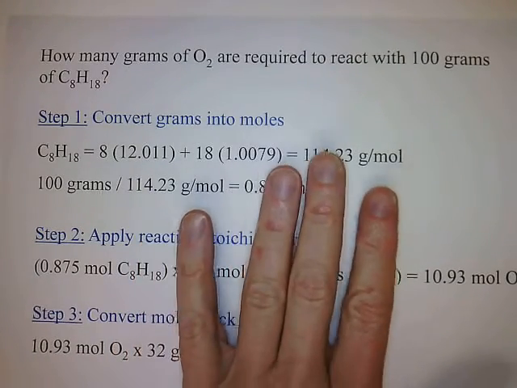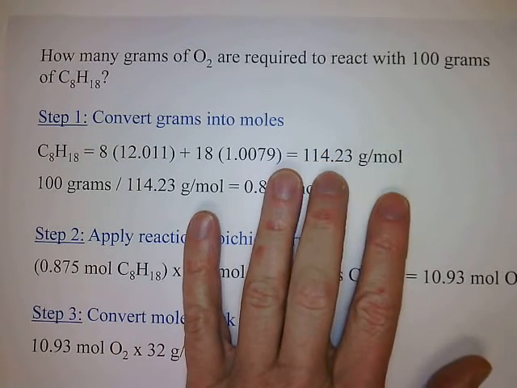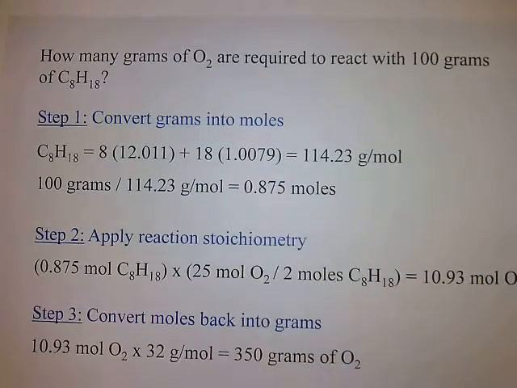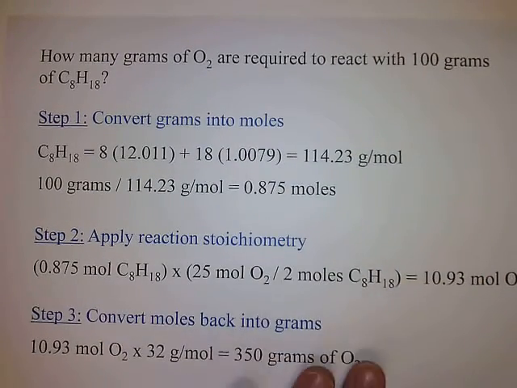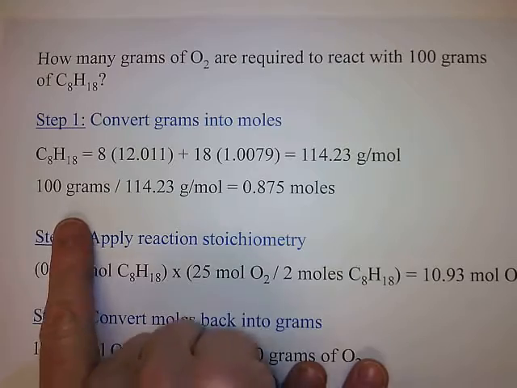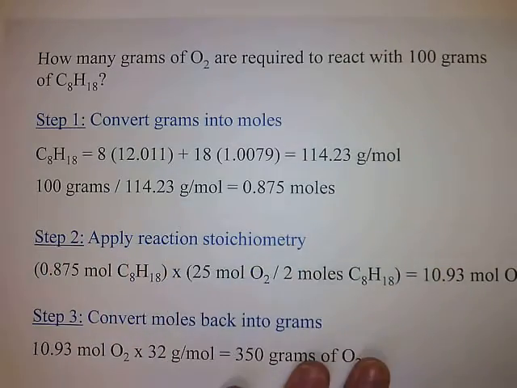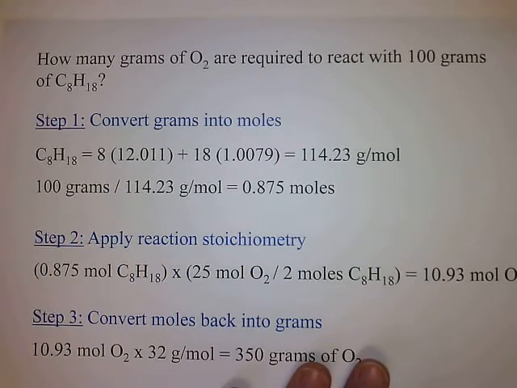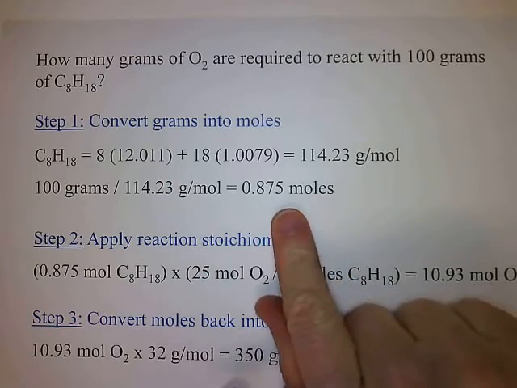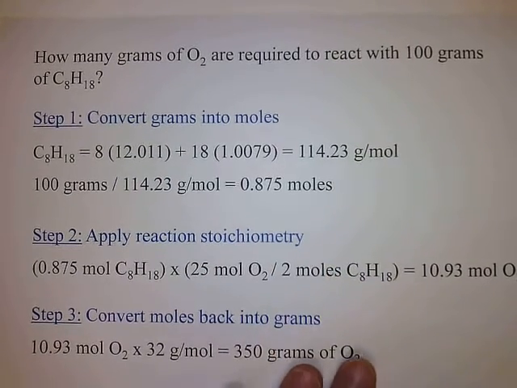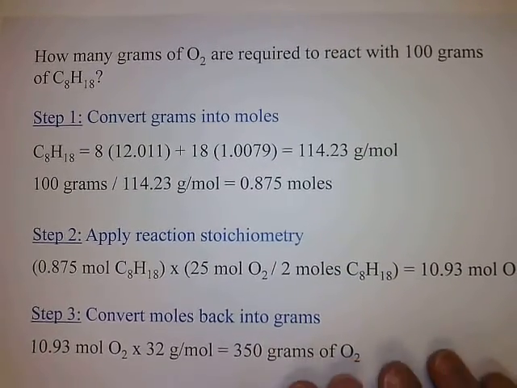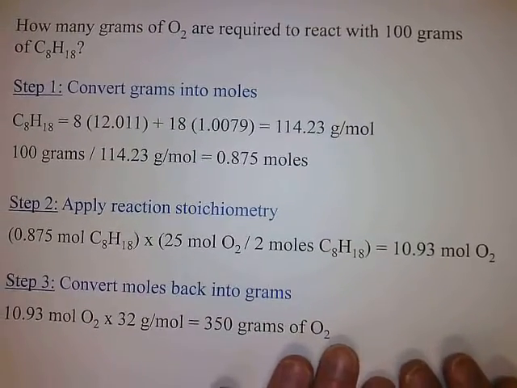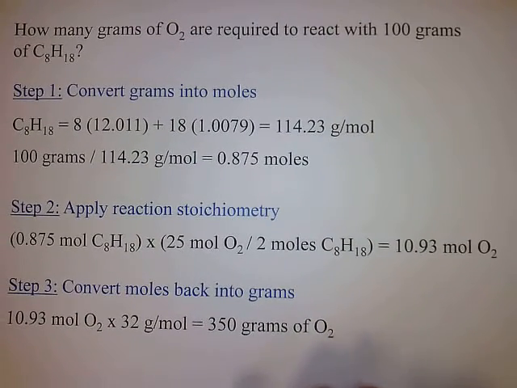It takes 114.23 grams to make a mole. We only have 100 grams, so we don't quite have a mole. So we divide 100 by 114.23, and you get 0.875 moles.